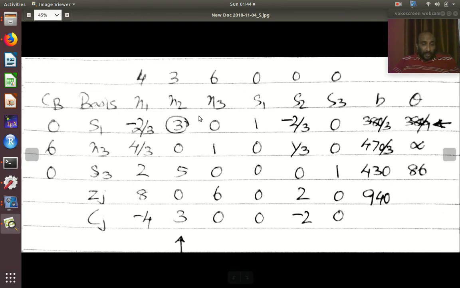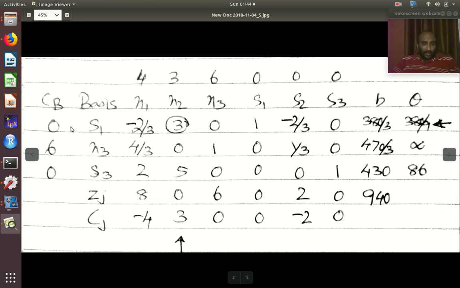And then, after writing this, we need to find out whether this is optimum or not. In order to find out, we need to find Zj. Like in the previous case, Cb multiplied by minus 2 by 3, so 0 into 2 by 3 is 0, 6 into 4 by 3 is 24 by 3, 8, and 0 into 2 is 0, so the sum is 8.